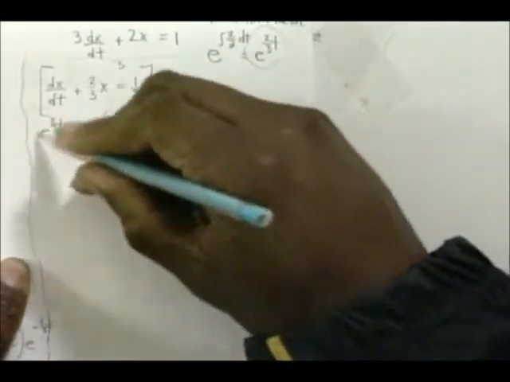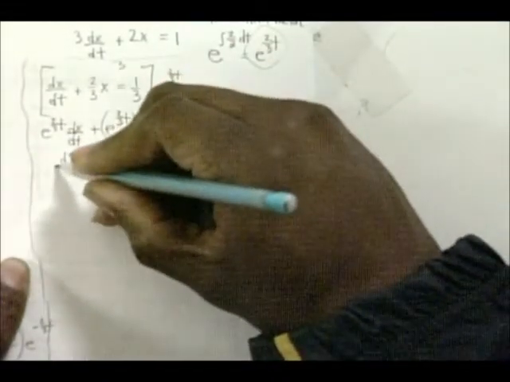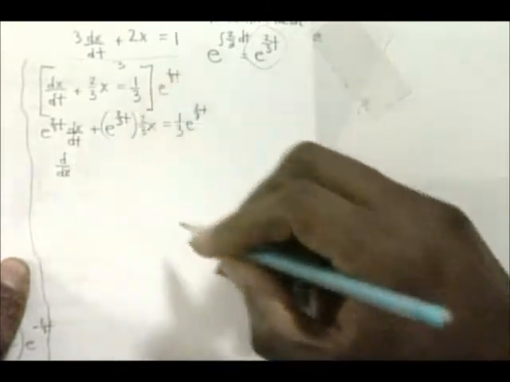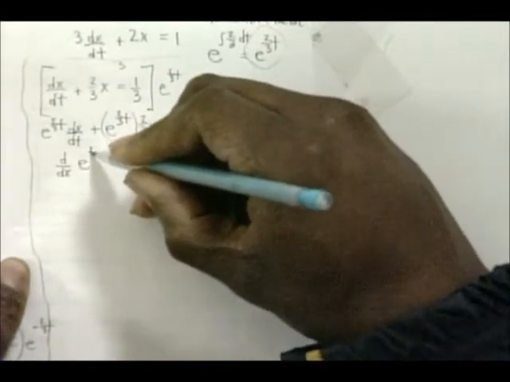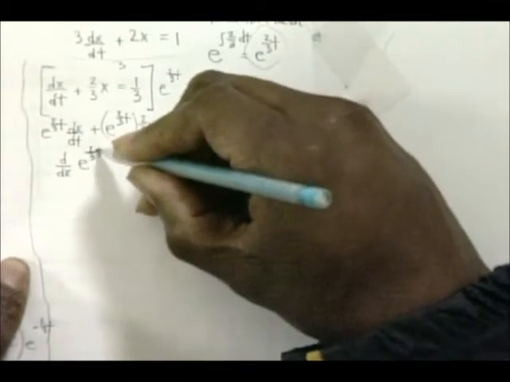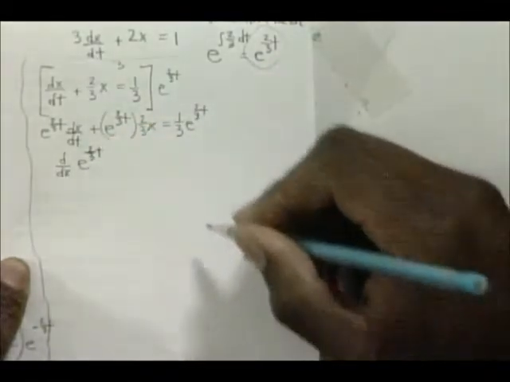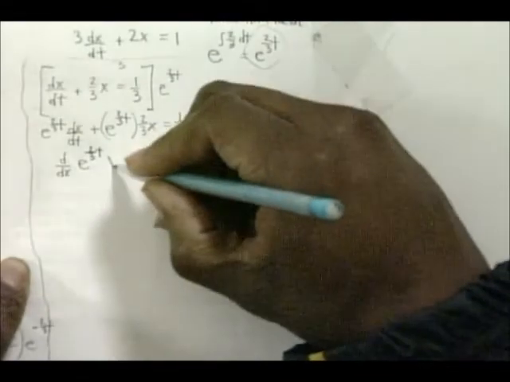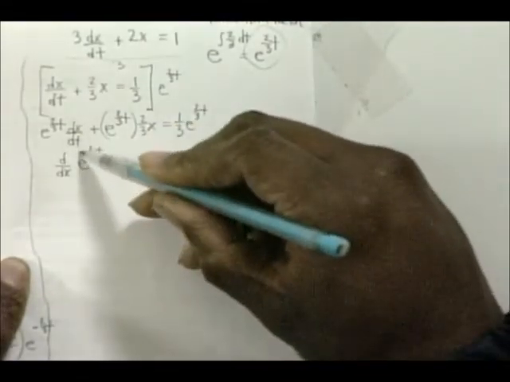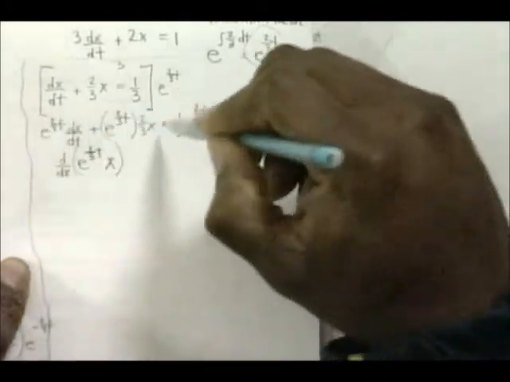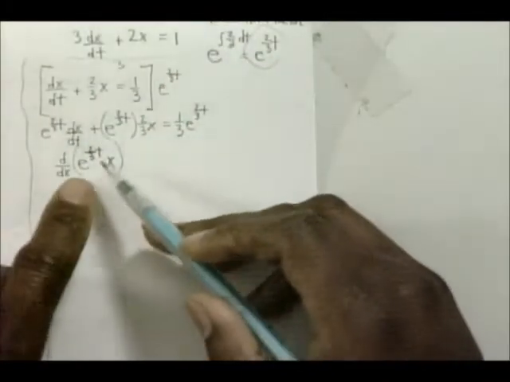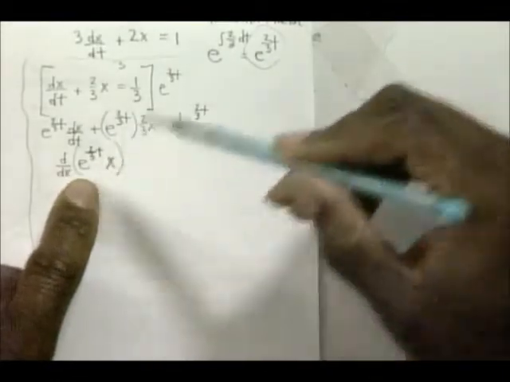Another way to write all of this is the derivative of the integrating factor, e to the 2/3 t, times this independent variable x. The derivative of this is the same as all of this. And if you look carefully, this is the derivative of a product.